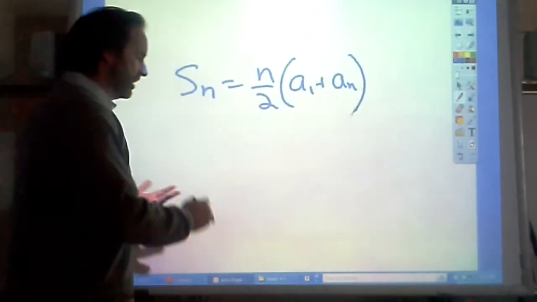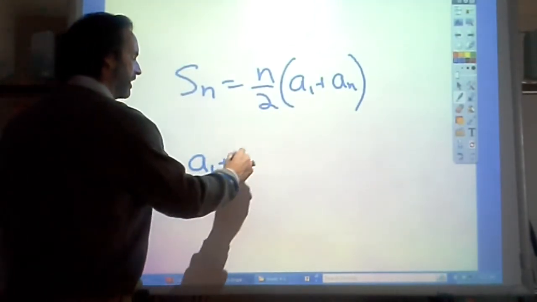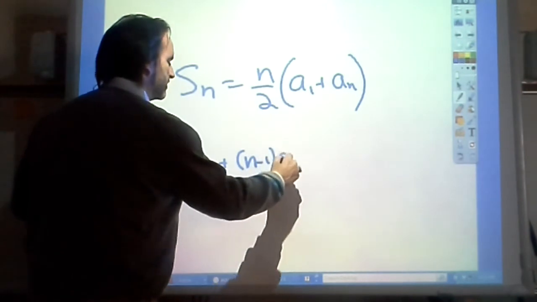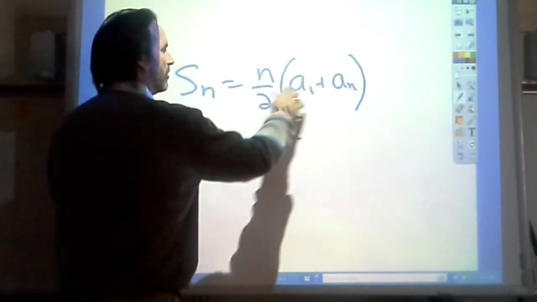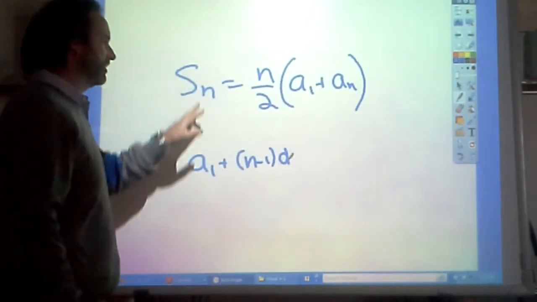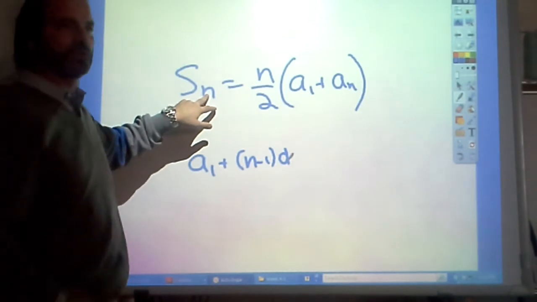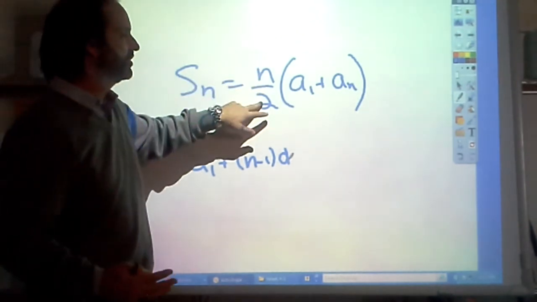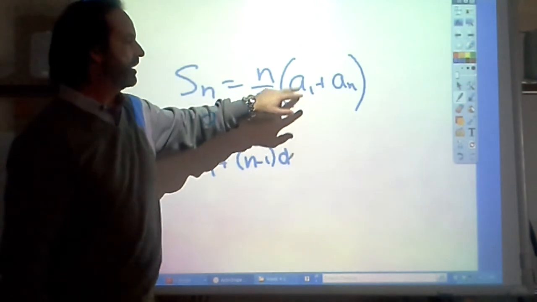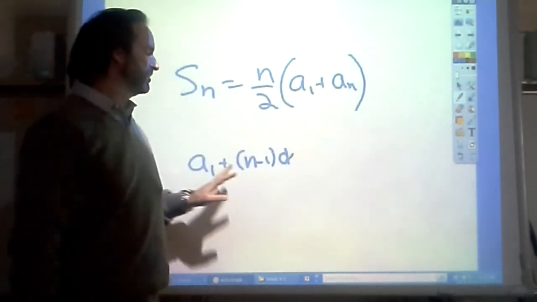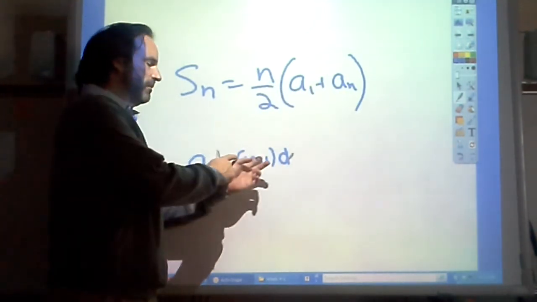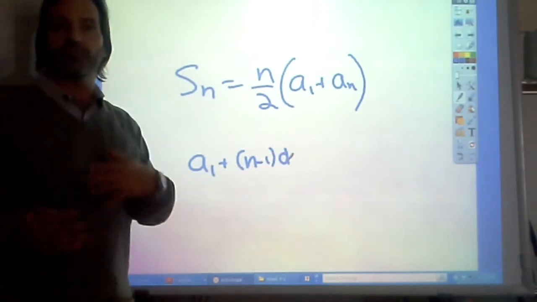That's pretty easy. Remember, a sub 1 plus n minus 1 times d gives us the nth term. If I wanted the sum of the first 50 terms, it's 50 over 2 times my first term plus the 50th term, and we figure out the 50th term because we know 50 minus 1 is 49, and you should know the common difference, and so on.